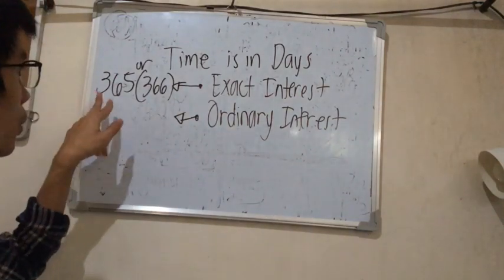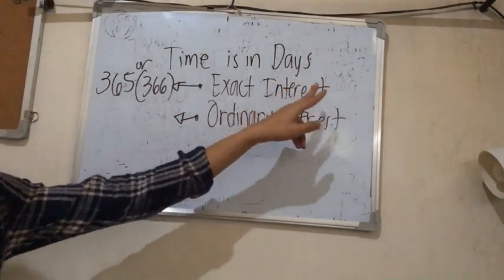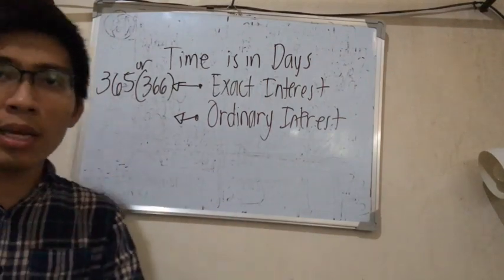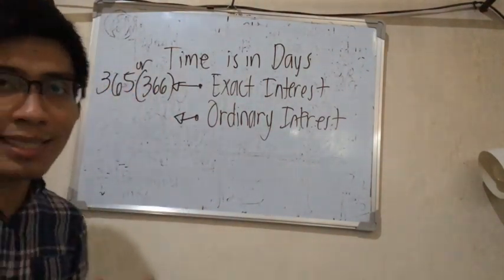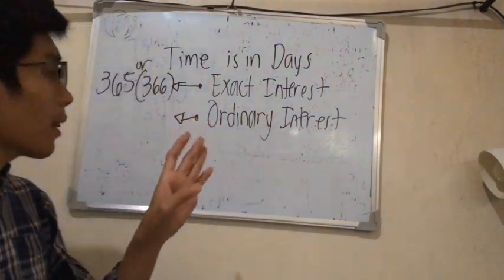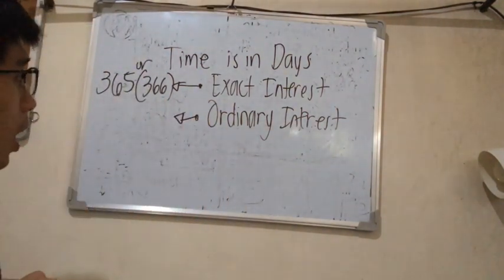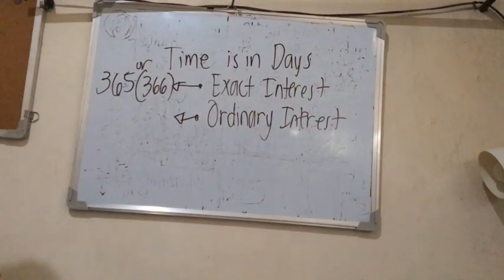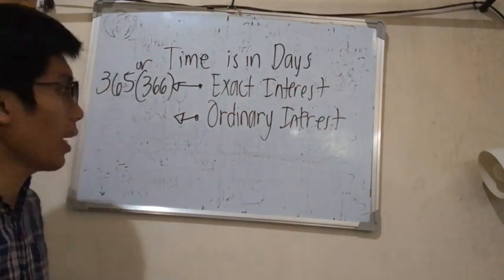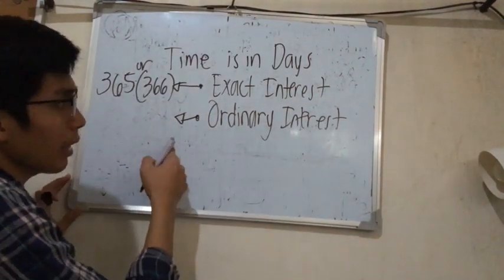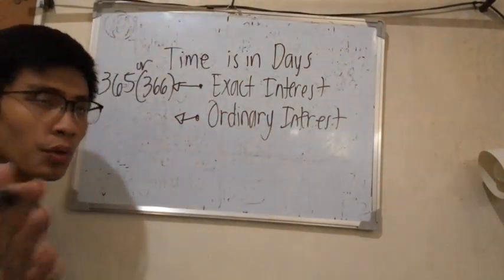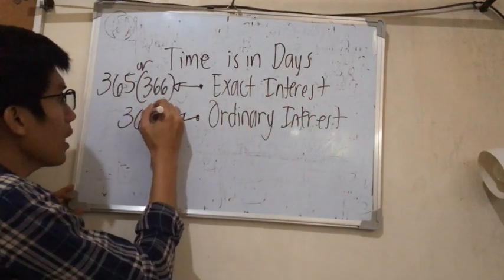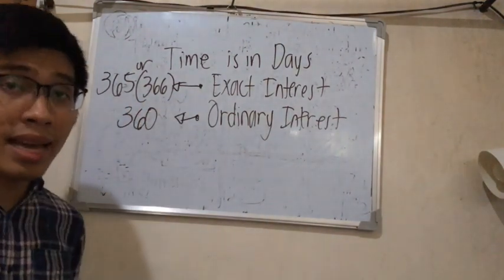You are going to use 365 for exact interest whenever that is not a leap year, an ordinary year. You are going to use 366 days whenever that deals with a leap year. So what about ordinary interest? When you are tasked to get ordinary interest, you're going to use 360 days.